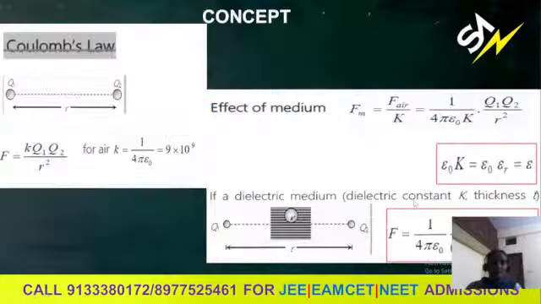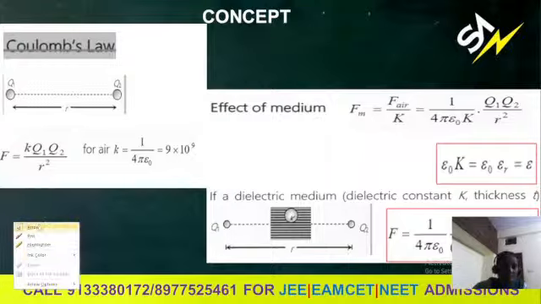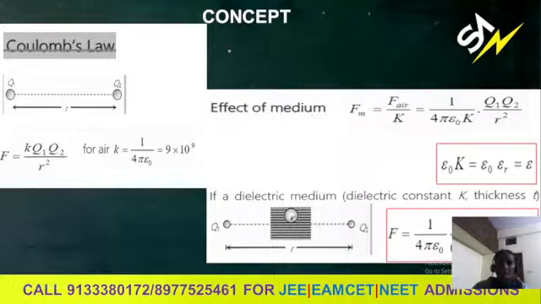Now our first concept is Coulomb's law, which gives the electrostatic force between the charges. Here you can observe there are two charges Q1 and Q2 which are separated by a distance r.